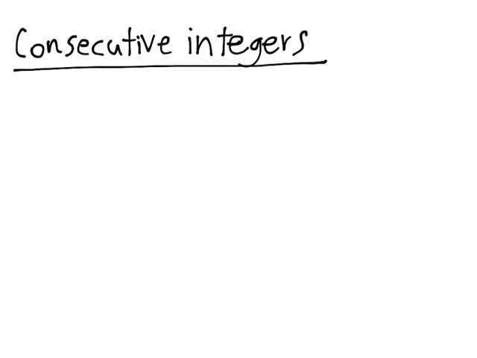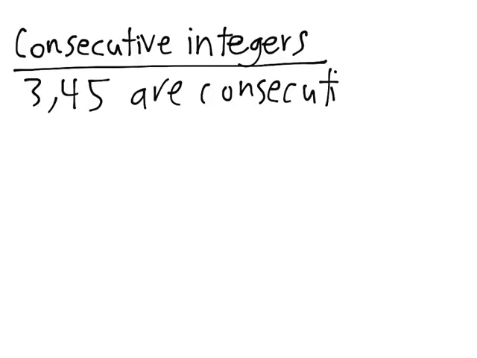Some interesting problems deal with consecutive integers. Consecutive integers are a sequence of integers in the order that you would count them, like 3, 4, 5 are consecutive integers. Consecutive even or odd integers also exist.